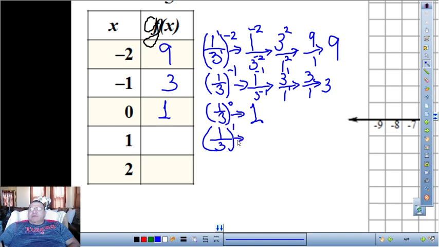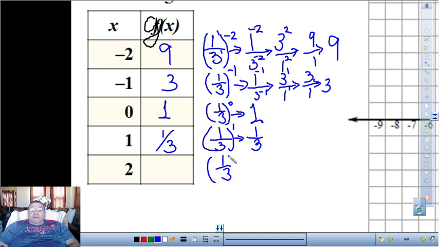Anything to the first power is what? The same number. So we get 1/3. That goes right there. All right, next one. 1/3 to the second power, which is 1 to the second, 3 to the second, which is 1 over 9.